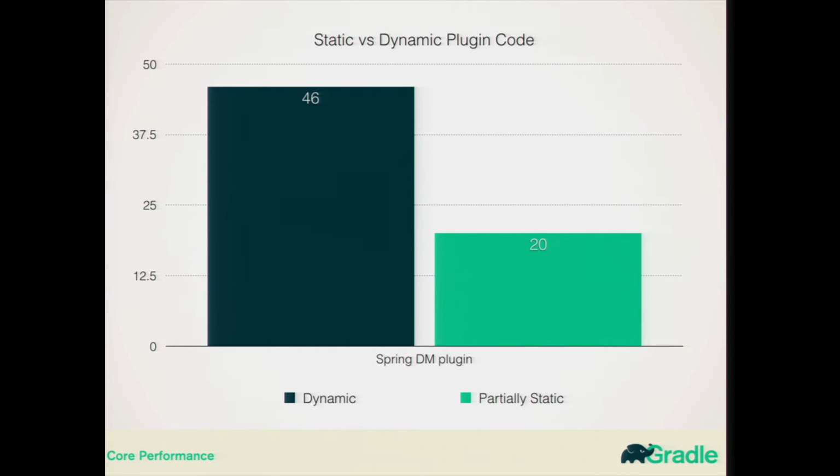So that is why all the work on Kotlin and having a statically compiled DSL is also so important from a performance perspective. But of course, you can do this right now by using statically compiled Groovy or Java. You will get the same performance benefits.